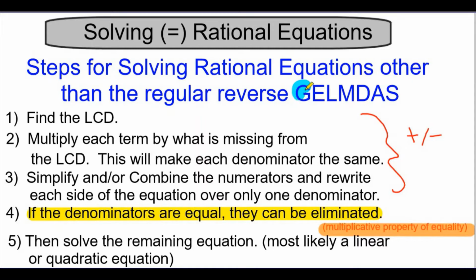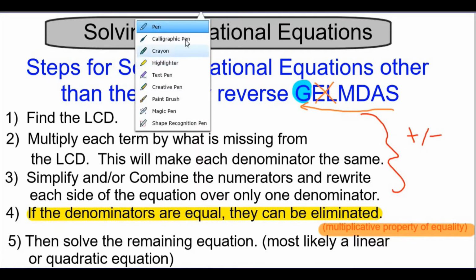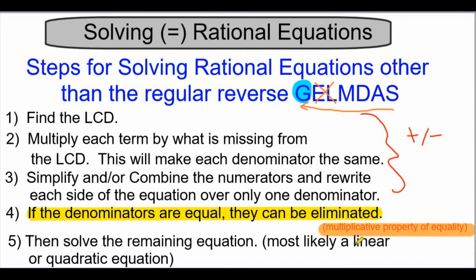So when we talk about the grouping symbol with reverse order of operations, if we're reversing the order of operations and going this direction, remember in this world of rationals, you don't have to worry about exponents, at least in Algebra 2. So once we get through this and get to this grouping symbol, we have to make sure that we solve a linear equation by using reverse order of operations or solve a quadratic equation by using reverse order of operations.